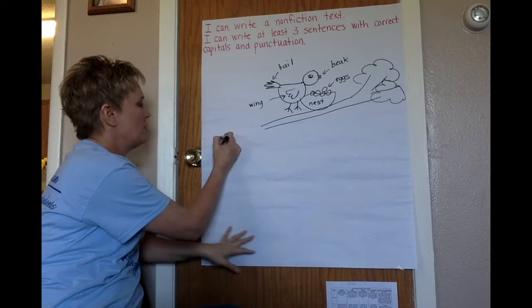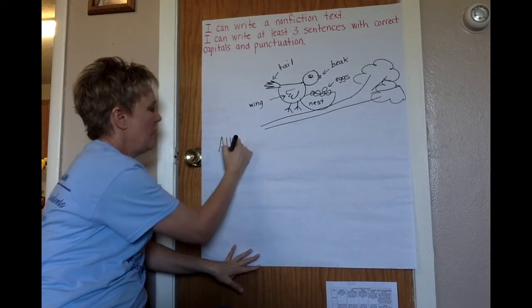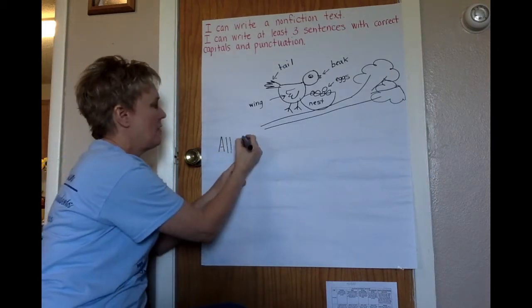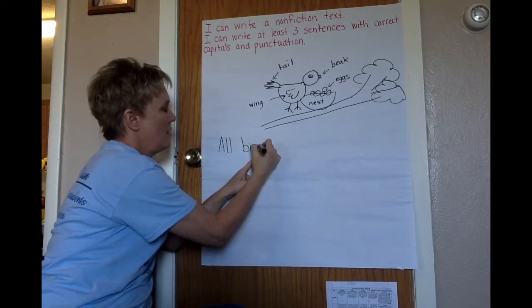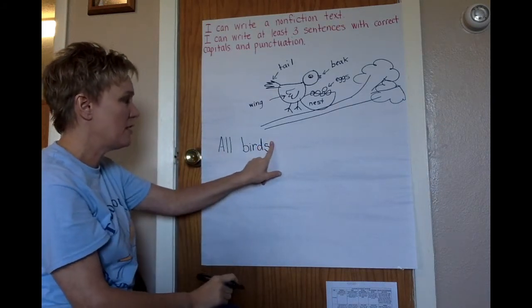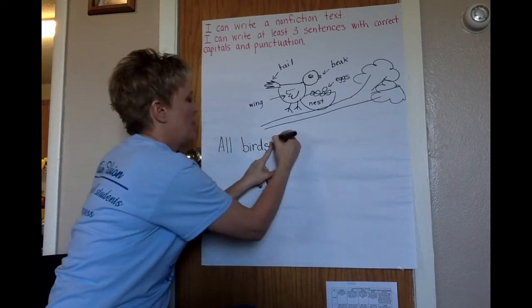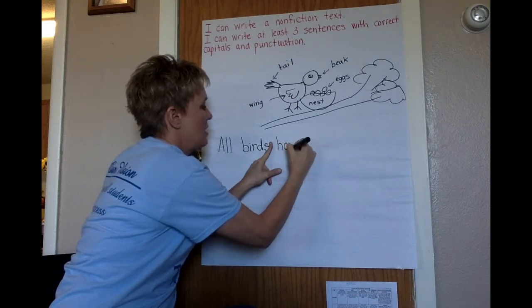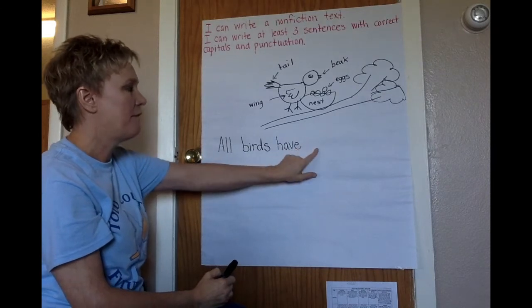So I'm going to write capital A, L, L. All birds, and we know how to spell birds from looking at the cover of our book. B-I-R-D-S. All birds. I'm going to put a finger space in there. All birds have. Have's another one of our word wall words, so spell it with me as I write it. H-A-V-E. Right. All birds have feathers.